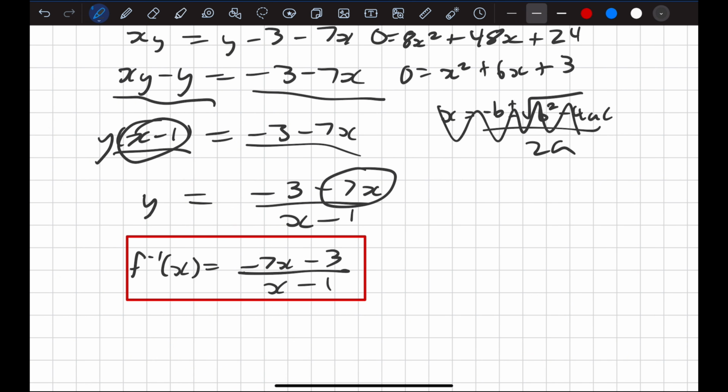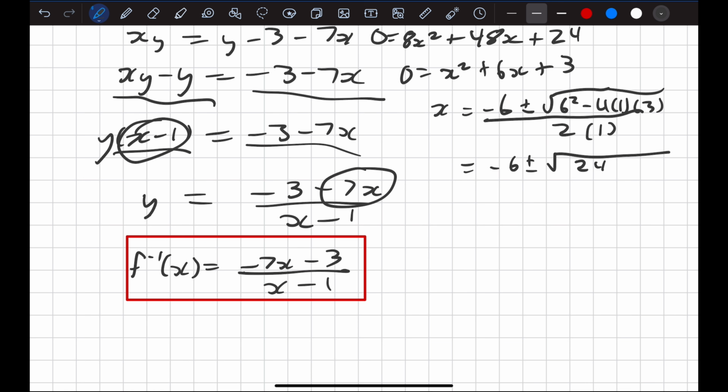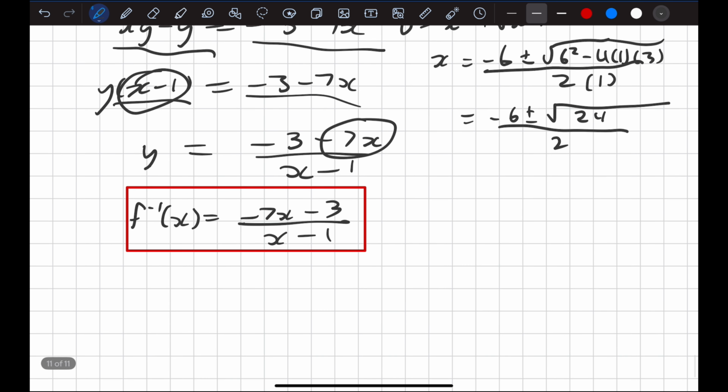So x equals negative 6 plus or minus the square root of 6 squared minus 4 times 1 times 3, over 2 times 1. That's negative 6 plus or minus the square root of 36 minus 12, which is 24, over 2.